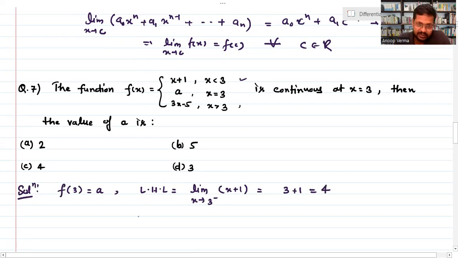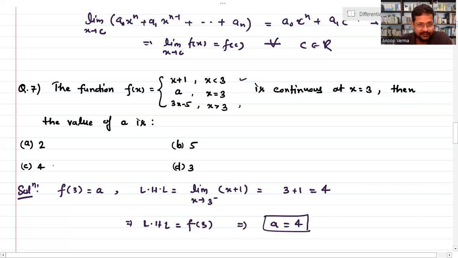So since the function is continuous, this implies the left hand limit should be equal to the value of the function at 3. So this implies a will be equal to 4. तो फंक्शन में जो a है उसकी वैल्यू 4 होगी. Here the value of a is 4.